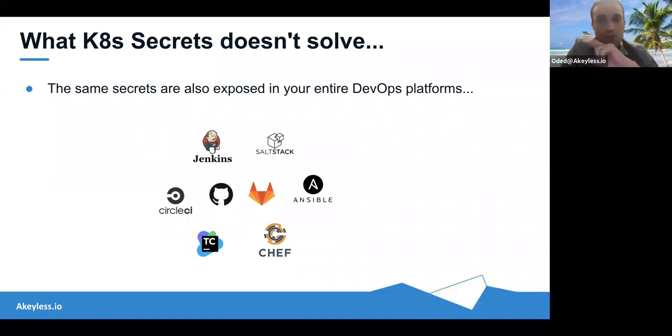And number two, another problem that you need to face is that working with protecting the secrets within the Kubernetes environment might help you for Kubernetes. But what about all the other DevOps tools that are using secrets?